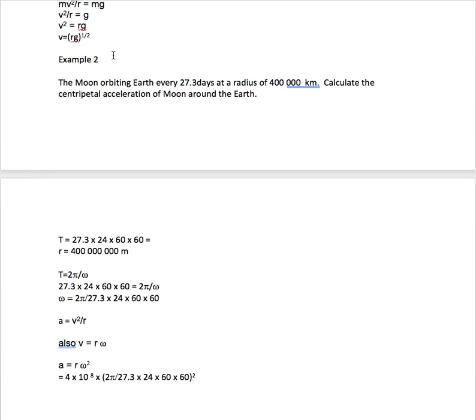So 27.3 times 24 times 60 times 60 times itself, times 400 million.